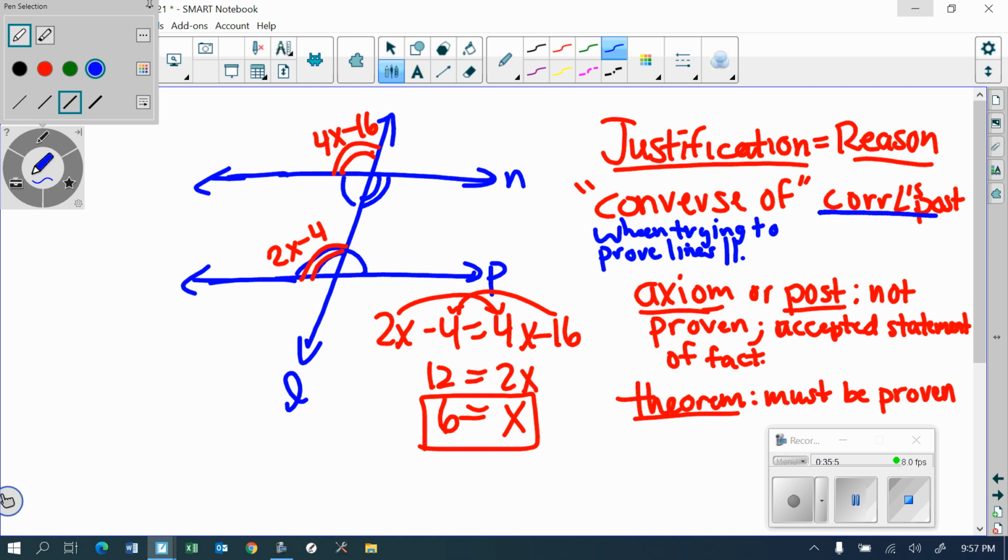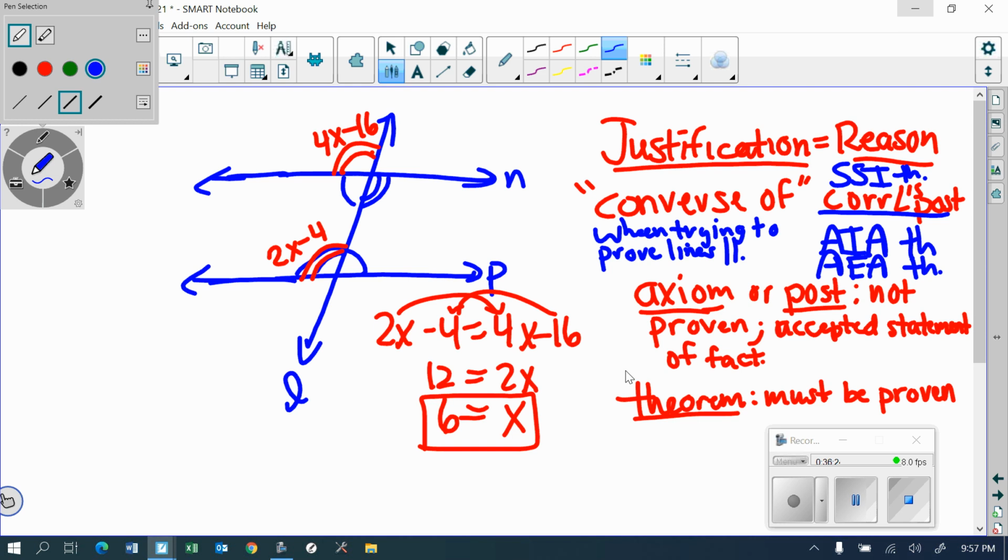So I could prove it through the corresponding angles postulate, meaning I show corresponding angles congruent. It could be through the alternate interior angles theorem, so that one's a theorem. It could be through the alternate exterior angles theorem, or it could be through SSI, also called the consecutive interior angles theorem. So I could have shown any of these pairings. With SSI, the two consecutive interior angles would have to add to 180.